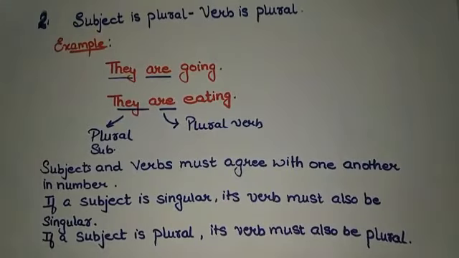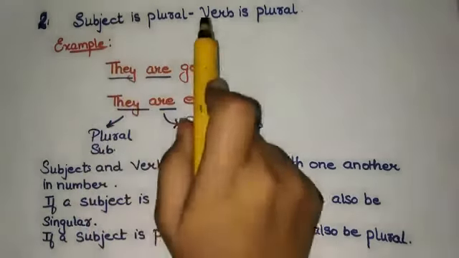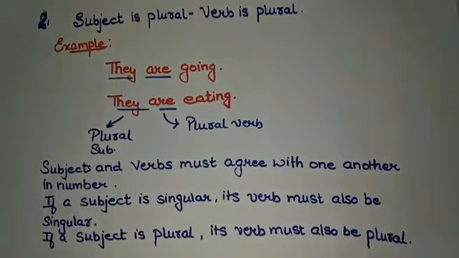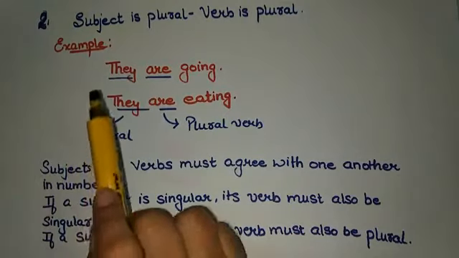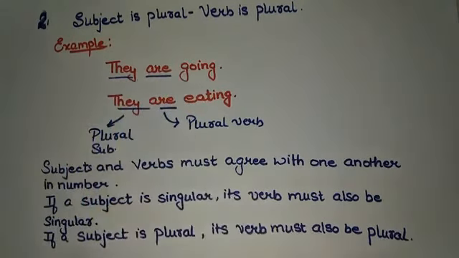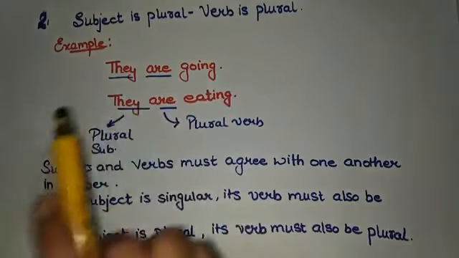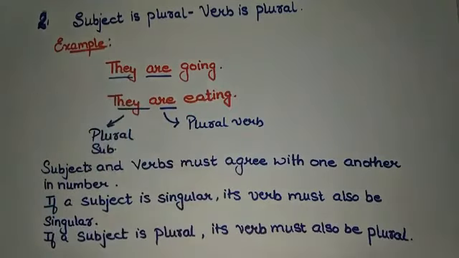Now coming to the second point, that if the subject is plural, the verb is plural. What does that mean? See, they are going or they are eating. Here they is a plural subject, meaning we are talking about more than one person.